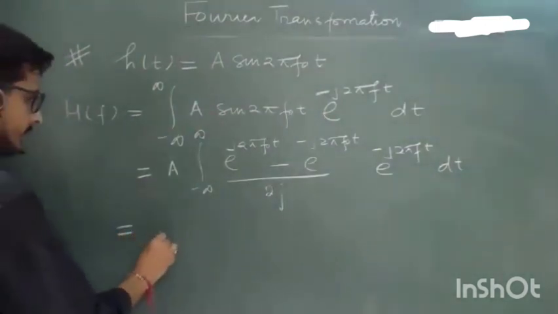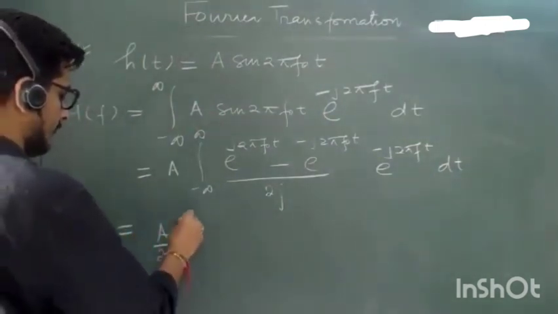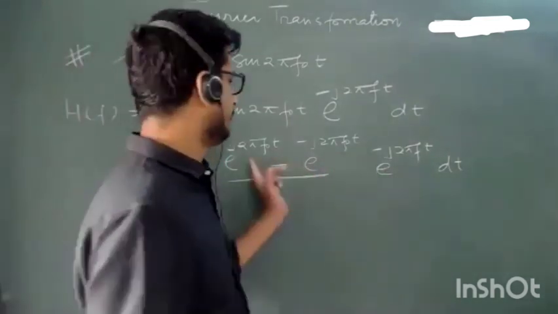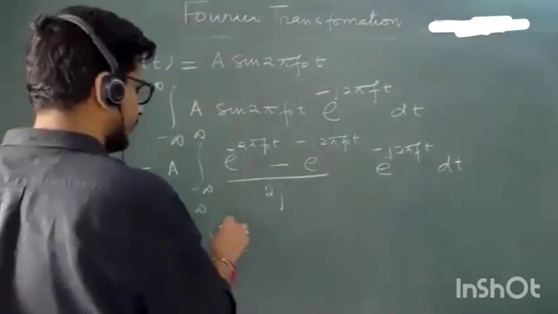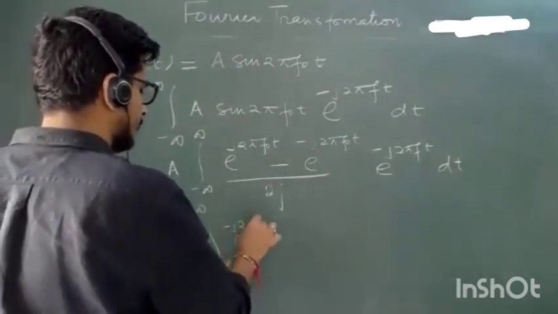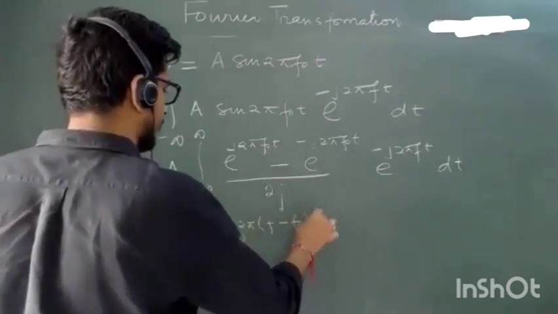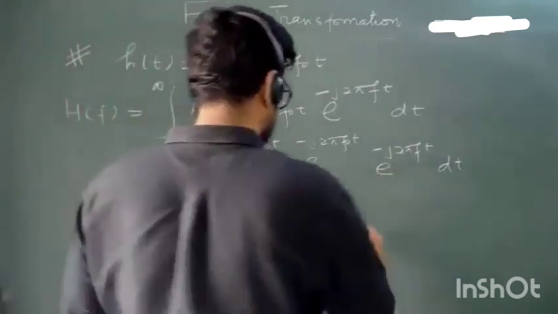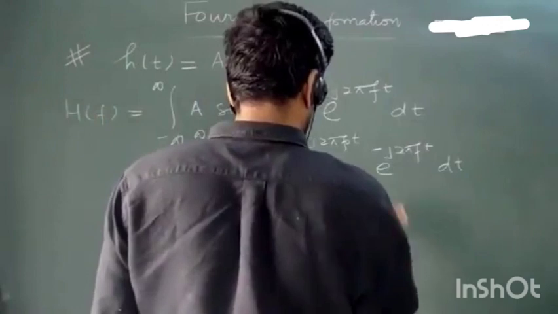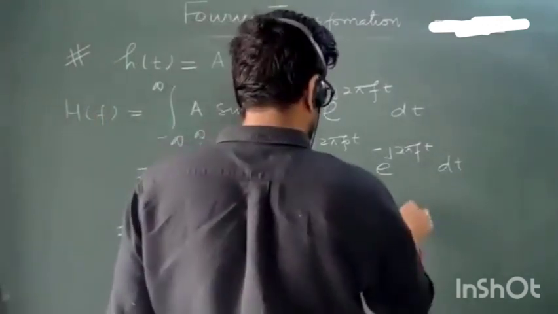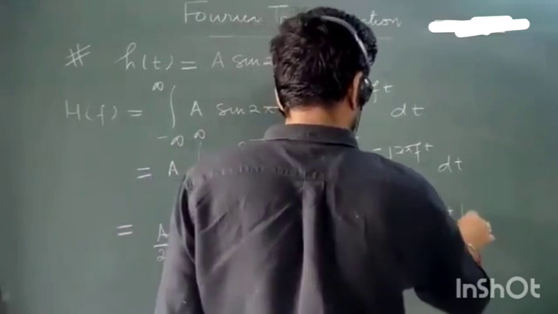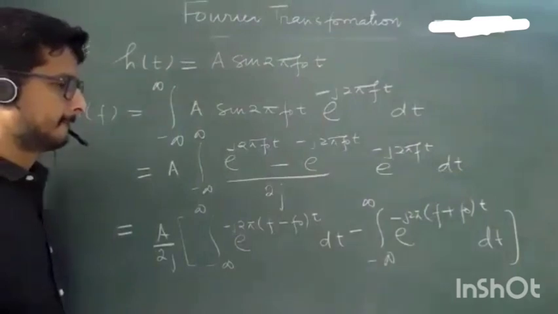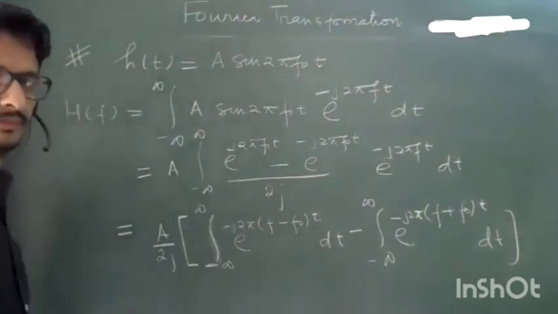So this will become A by 2j and integral minus infinity to plus infinity. What will happen when they will be multiplied? e to the power minus j 2 pi (f minus f naught) t dt. And what will happen if this will be multiplied? Minus integral minus infinity to plus infinity e to the power minus j 2 pi (f plus f naught) t dt. Please see this. Is that okay? Okay, sir.